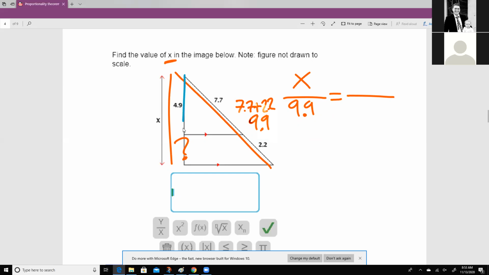So x corresponds to 4.9. And 9.9 corresponds to 7.7. So x times 7.7 is 7.7x. And 9.9 times 4.9 is 48.51.